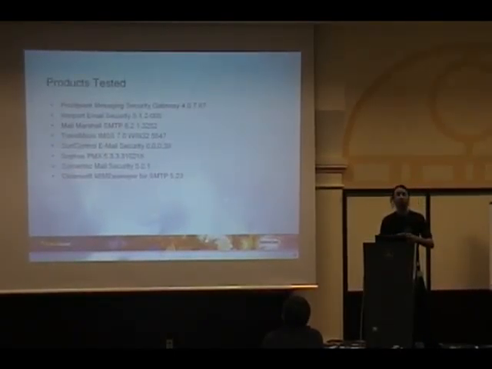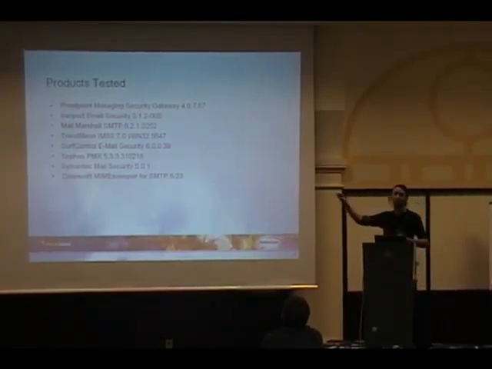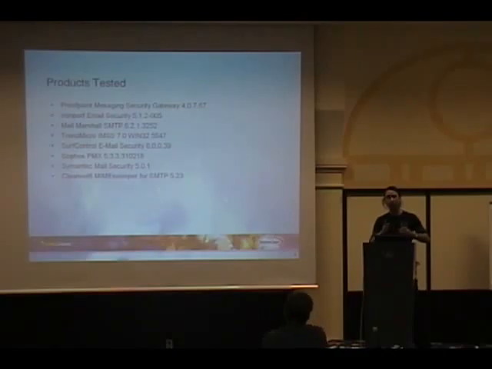Okay, so the products that I tested. Before I said, so here's the exact versioning. If you've got these at home, then you can follow along. Proofpoint, they're pretty cool because they give you a VMware virtual image. So for testing purposes, I had VMware set up, and then I'd have Red Hat Enterprise Linux, and then a Debian, and then a Windows XP and a Windows 2003, because one of the products may not work on XP, might like 2003 better.